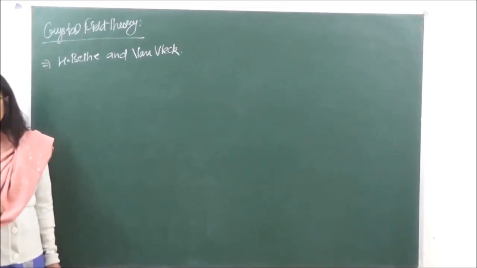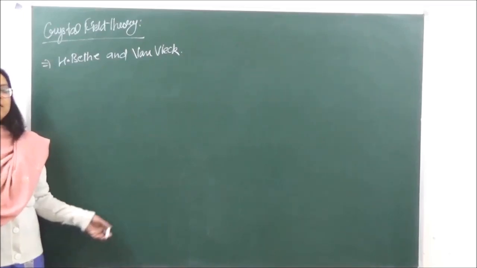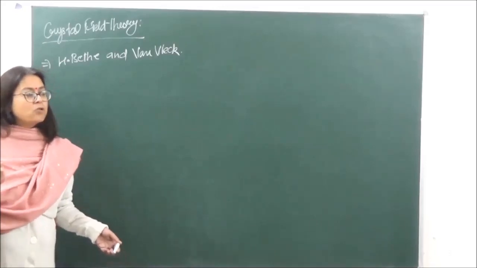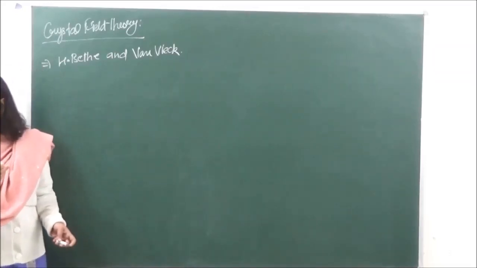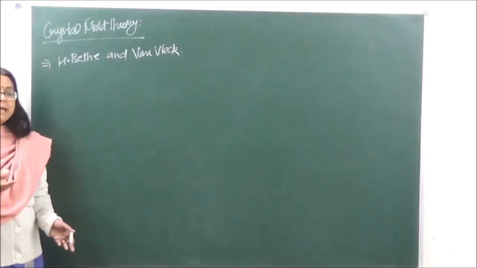After that, as I just told you, the valence bond theory gives us the bonding between the central metal atom and the ligands as purely covalent in nature. According to CFT, it is point charges and the forces of attraction are electrostatic.